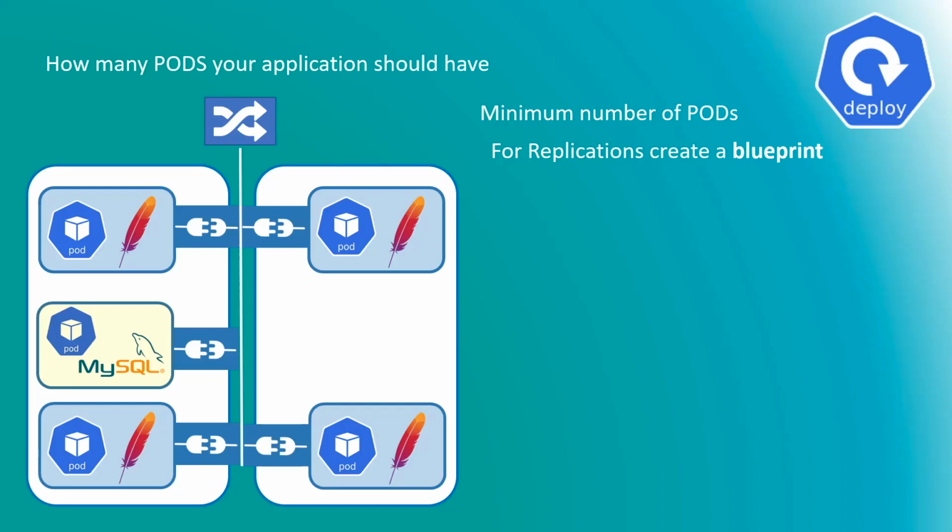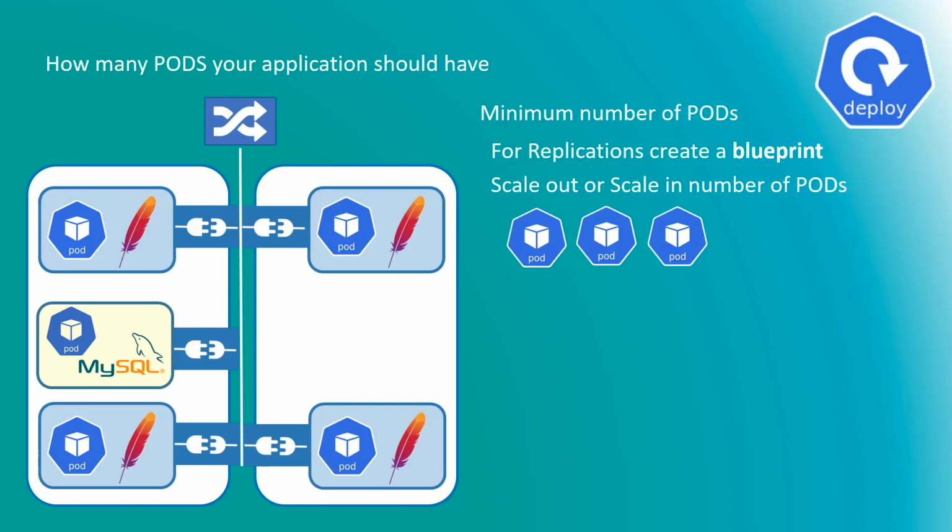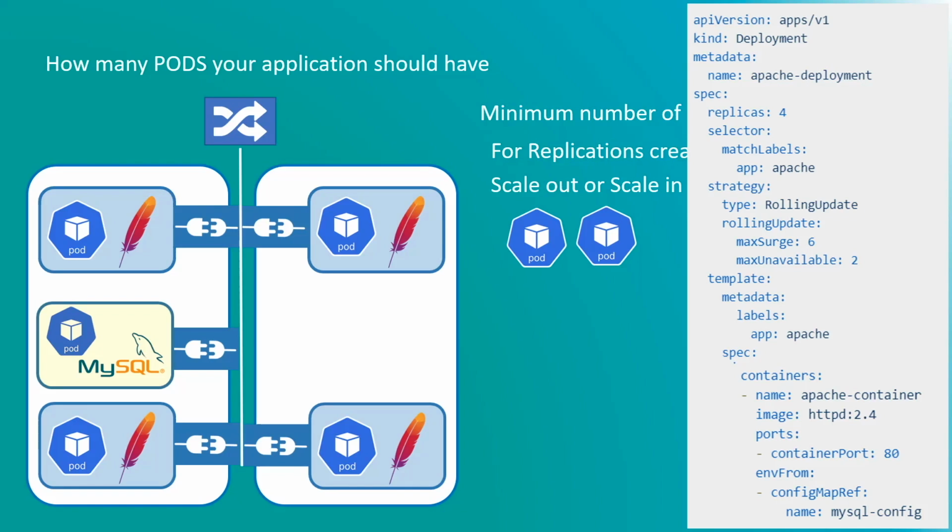Then using that blueprint, we can scale out or scale in the number of pods based on the application load. So once my application receives more and more load, it will scale out. Once the load goes away, it will automatically scale in. To do that, we can configure the following manifest file in Kubernetes. Here my kind is Deployment, and this process is called Kubernetes Deployment.